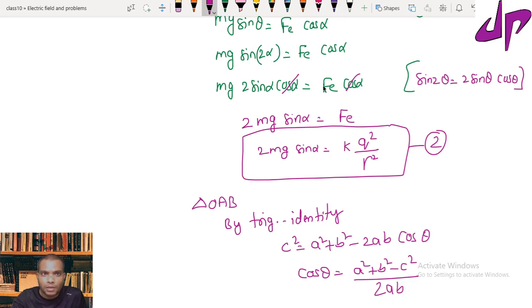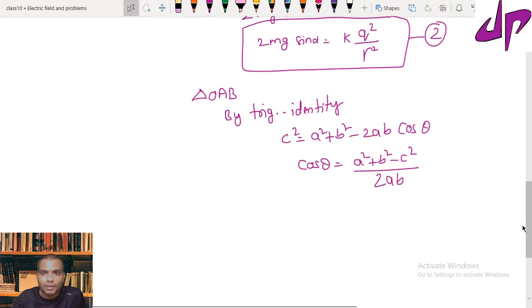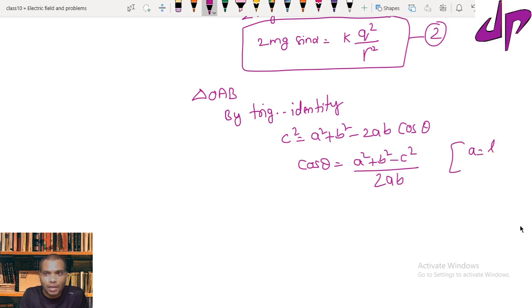Now if you convert that in terms of the given lengths, here a equal to L, b is also L, so in terms of 30 centimeters they both are equal, and c equal to r. So I can substitute: cos theta equal to L square plus L square minus r square upon 2L square.